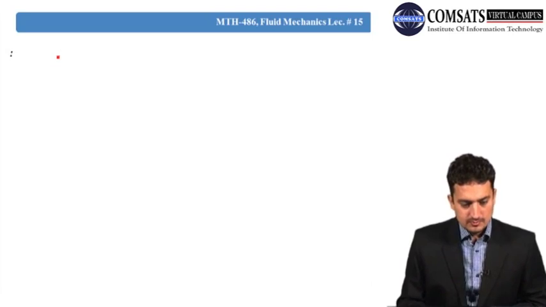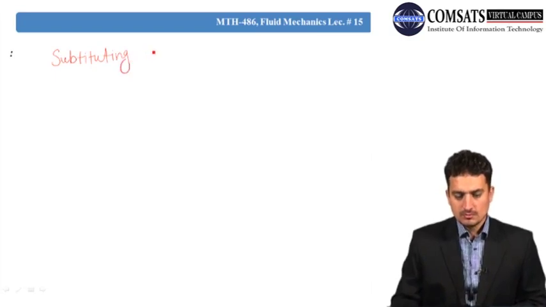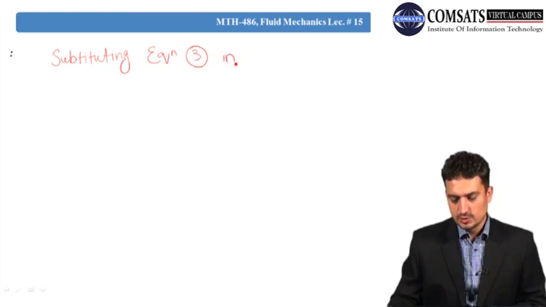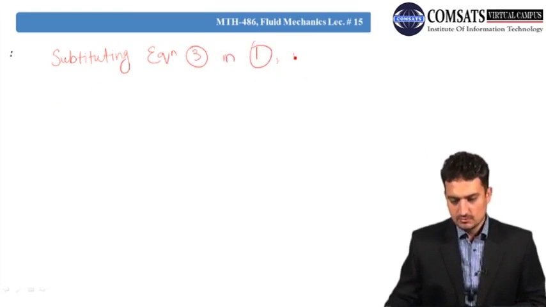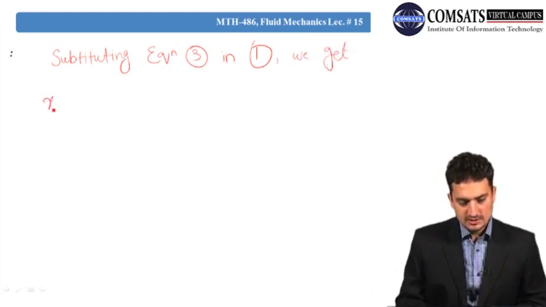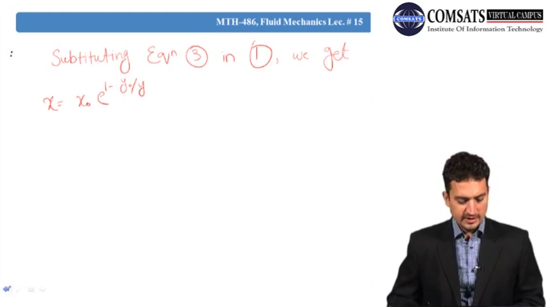So substituting equation 3 in 1, we get x is equal to x naught e to the power 1 minus y naught over y.